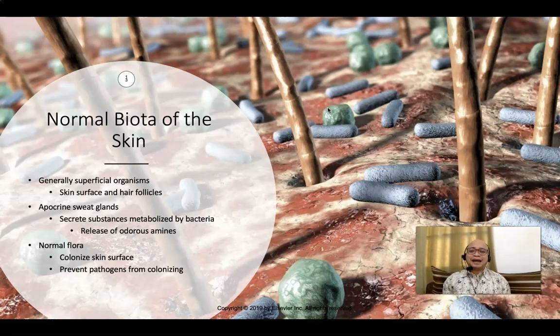That is the reason why hand washing is preferred over alcohol, because if you keep on rubbing alcohol on your skin, you're actually destroying normal microbiota. But with the current pandemic state that we are facing right now, one cannot help but apply rubbing alcohol every now and then on our hands.